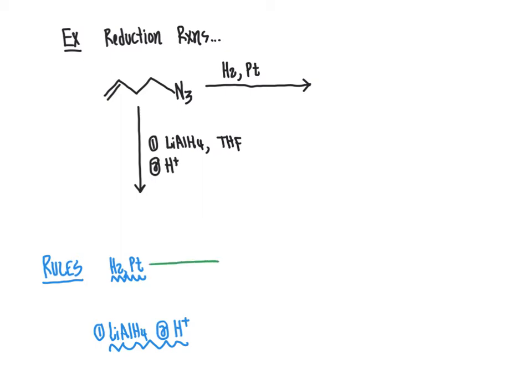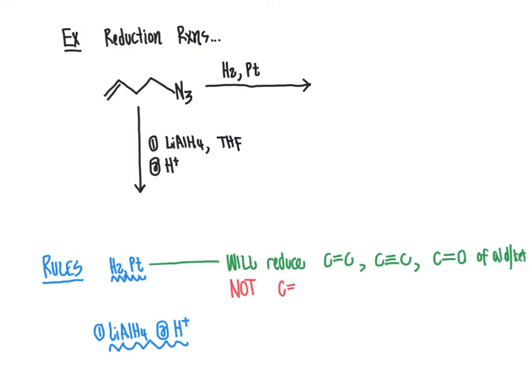So I'm going to go ahead and fill in that hydrogen and a metal catalyst will reduce carbon-carbon double bonds of alkenes, carbon-carbon triple bonds of alkynes, carbon-oxygen double bonds of aldehydes and ketones, and then generally, this reducing agent is not strong enough to reduce carbonyl groups of carboxylic acids, which I'll abbreviate as CA, and esters, because those are too heavily oxidized since they have a total of 3 covalent bonds between the carbons and oxygens there due to the carbonyl group and then the additional single bond to an oxygen.